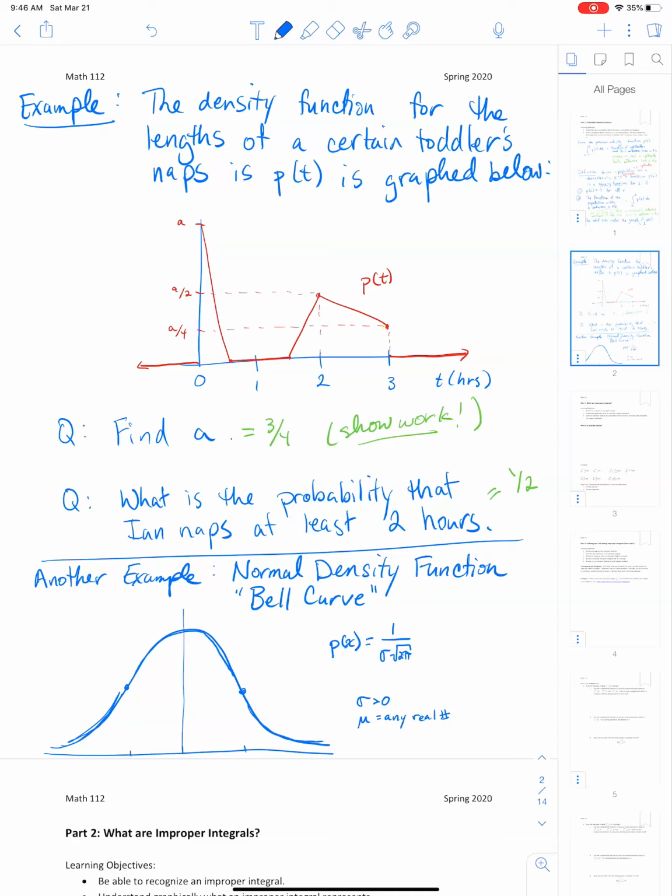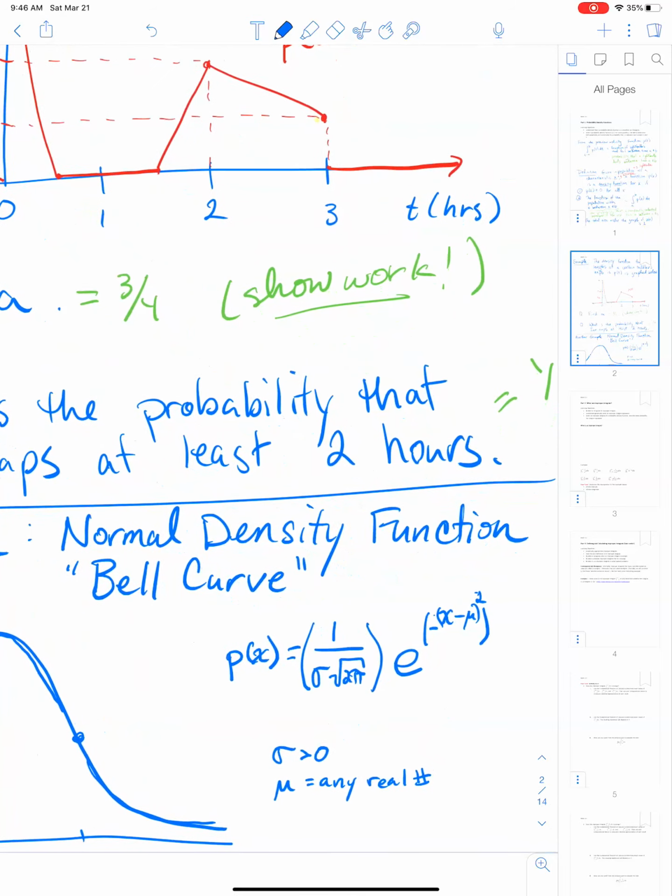Okay, and so this is just some constant times e to the, and now there's going to be an exponent here, and the exponent is negative, x minus mu squared. All right, let me make this a little bigger so we can see, and I'm going to go ahead and erase that so that I can make this a little more legible.